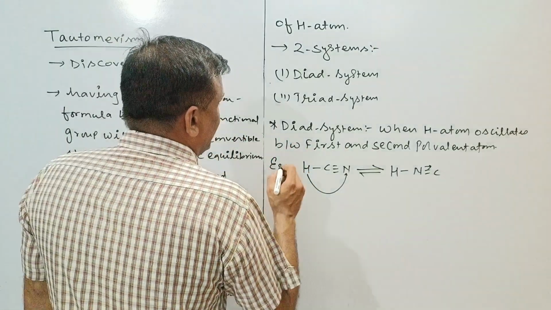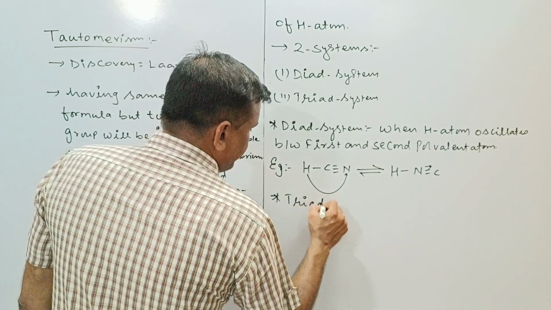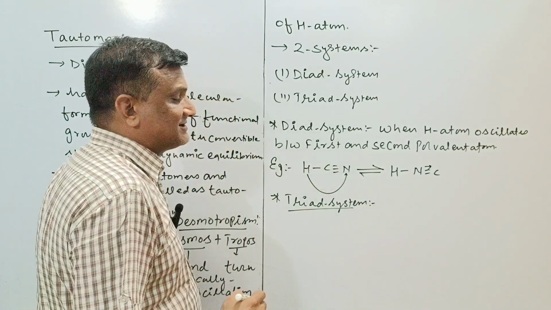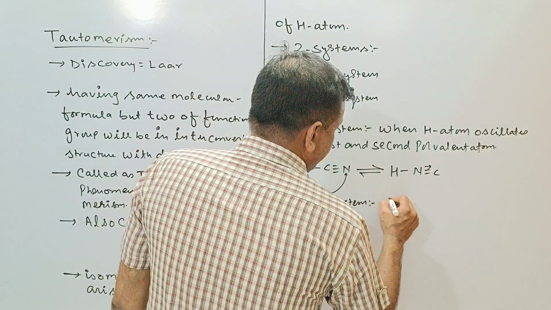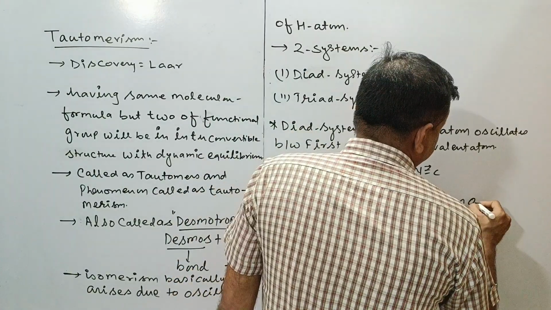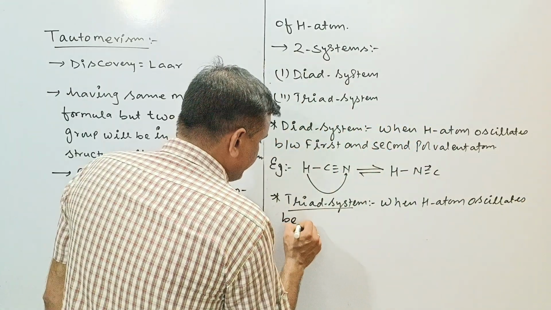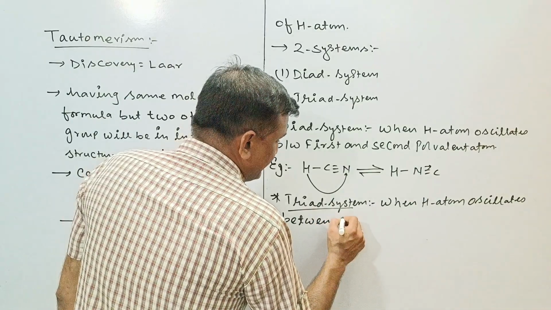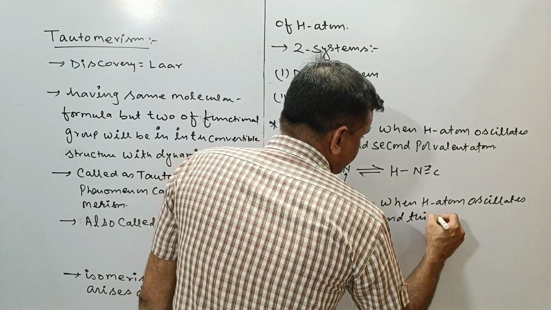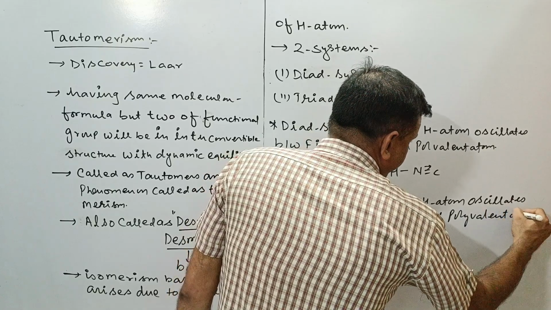Now it is time to discuss the triad system. For this, we can take the example of when the hydrogen atom oscillates between the first and third polyvalent atom, then that is called the triad system.